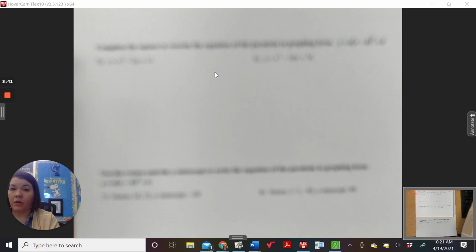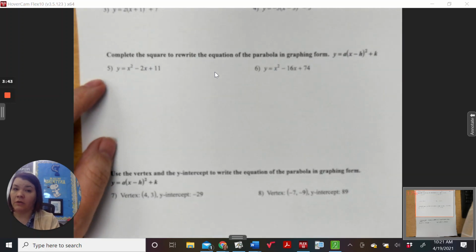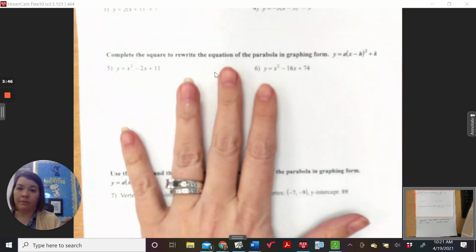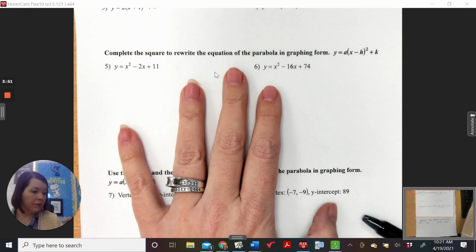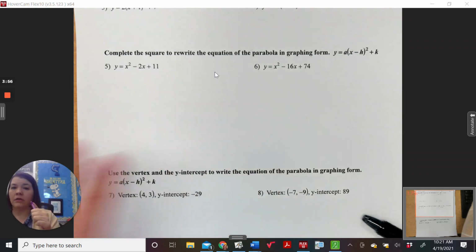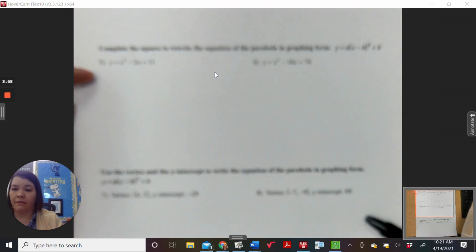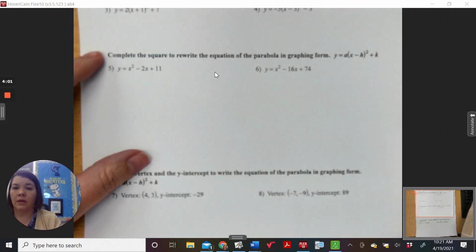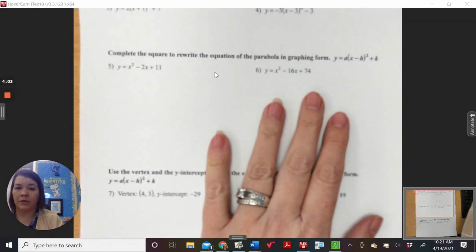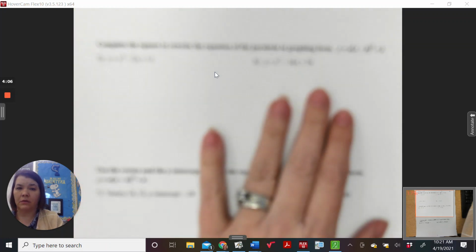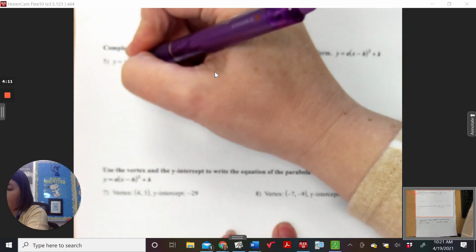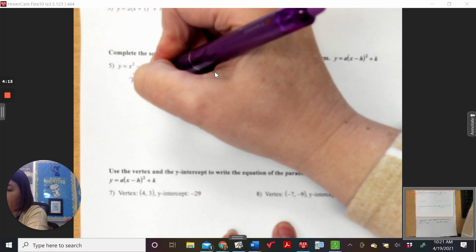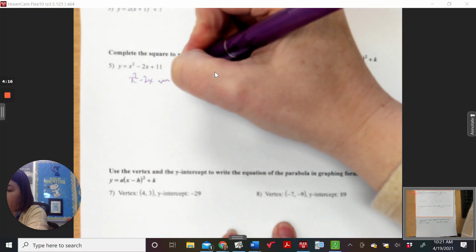Number 5. So complete the square to rewrite the equation of the parabola in graphing form. So we want to do graphing form. We're going to rewrite. I'm going to use purple, I think, for these. We'll do number 5, and I have x squared minus 2x plus 11.